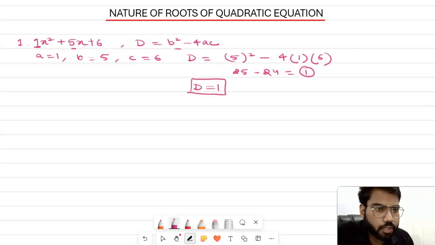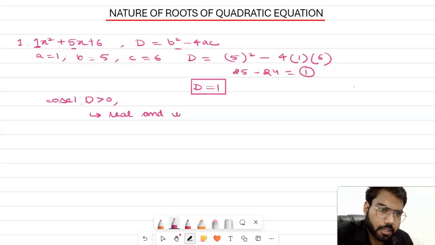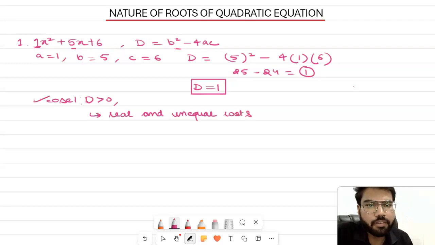So we clearly know that this is case number 1, where D is greater than 0, and we will get real and unequal roots.